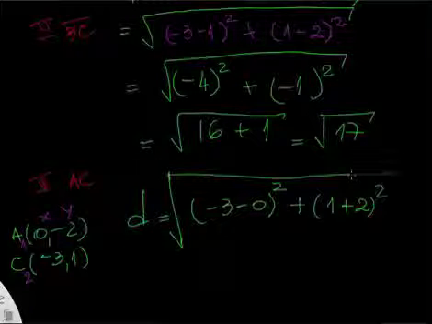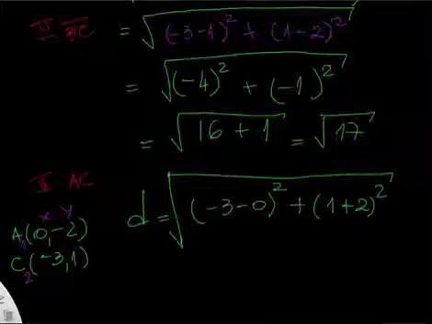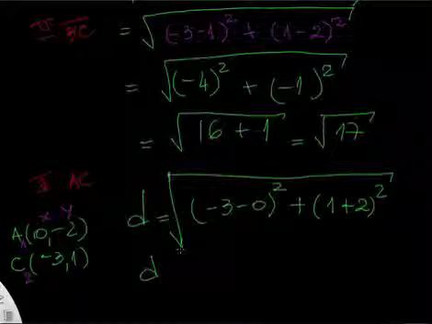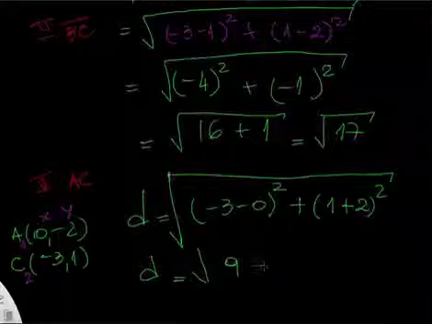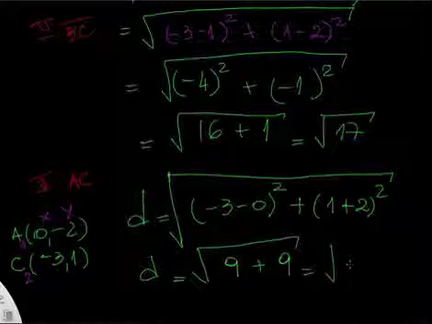So just by looking at the expression, I already know that it is not going to be equal to the radical of 17. Let's see what it is equal to. Negative 3 minus 0 is negative 3 squared, 9. Plus 1 plus 2 is 3. If I square that, that is 9. And it is equal to the square root of 18.